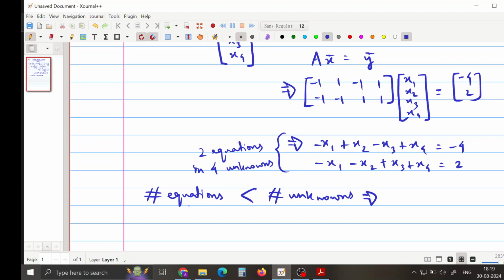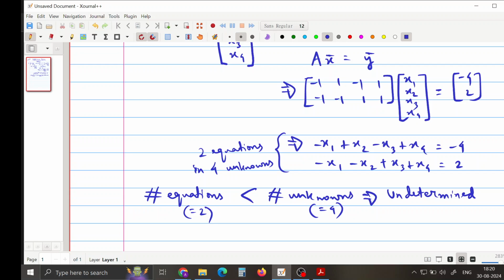Here it's 2 and this is 4, so underdetermined system. It makes sense, right? Because we have fewer equations in hand but more unknowns. So it's not deterministic; we are unable to determine it clearly, so there is a gap, so underdetermined.